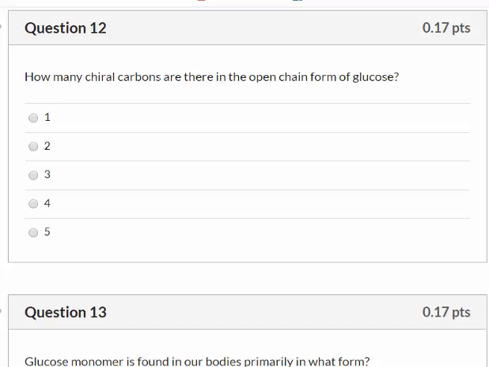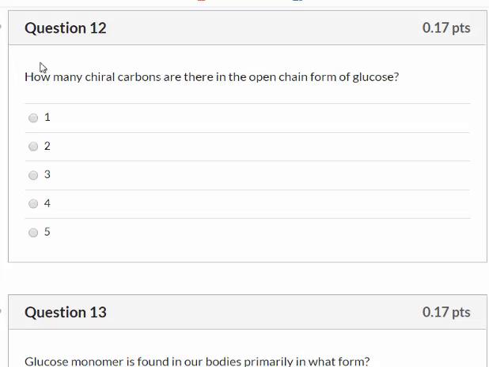For example, if you see a CH2, that carbon is bonded to 2 hydrogens, which is essentially 2 of the same thing. We consider those to be equal things bonded to the carbon. So any carbon with 2 hydrogens is not a chiral carbon, because it could only be bonded to 3 different groups.